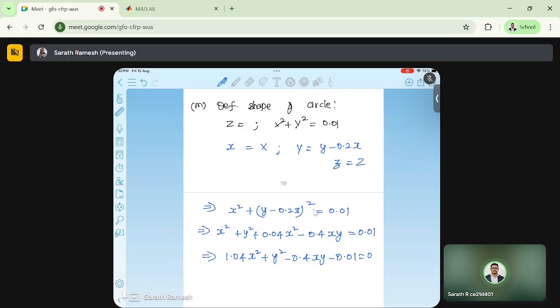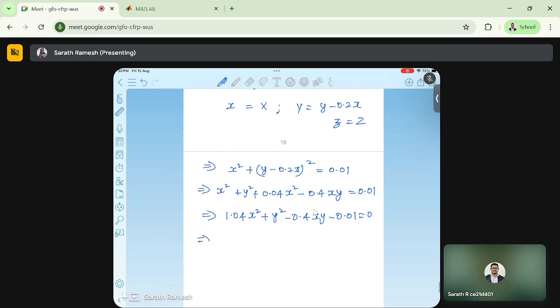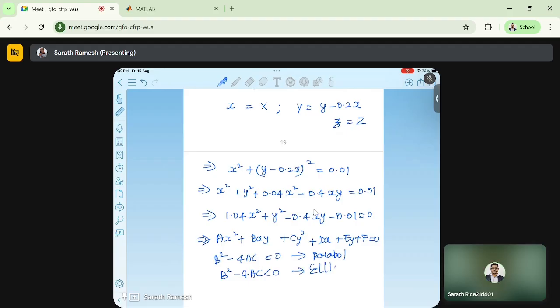Now this looks like an equation of a conic, right? Where it is ax square plus bxy plus cy square plus dx plus ey plus f equal to 0. Now here, if b square minus 4ac equal to 0, it's a parabola. If it is negative, it is an ellipse. If b square minus 4ac is greater than 0, it's a hyperbola.